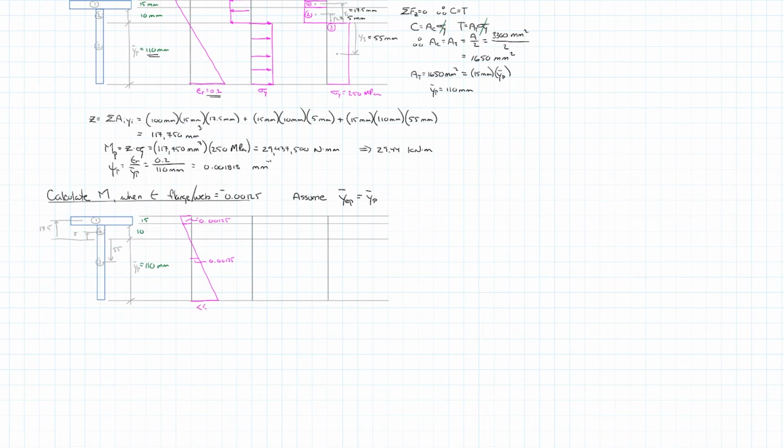They would be something less than the rupture strain down here, because we know we're less than the plastic moment. So if we were to draw in our stress diagram, we have the flange, which is plastic, and then it is elastic through the neutral axis to the same distance below.